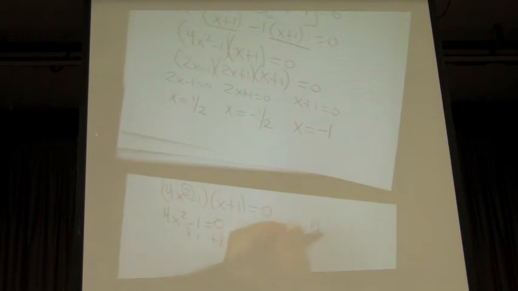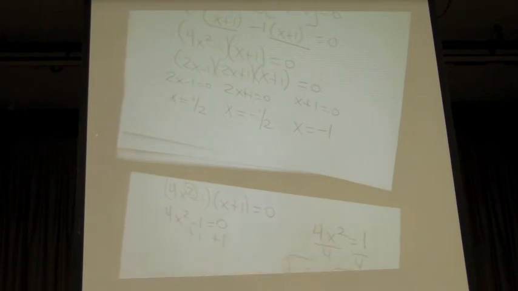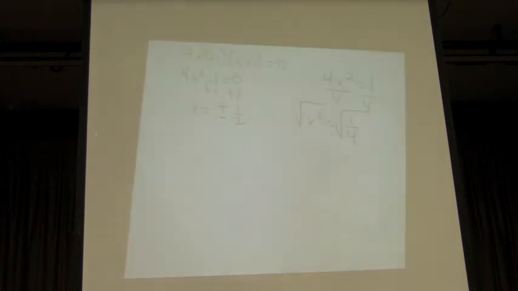What do you get? 4x squared equals 1. What do you do now? Divide by 4. x squared equals 1/4. How many answers are there? 2. What do you do to find it? Square root. What do you remember? Plus or minus. So you'd still get all 3 solutions the same way.